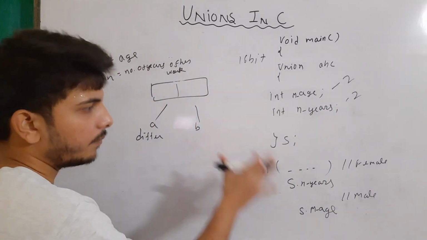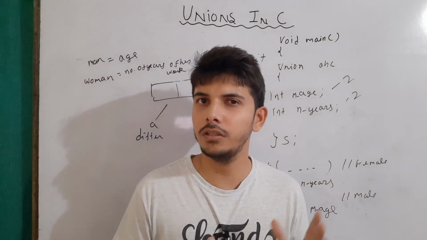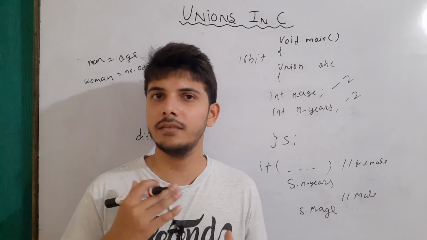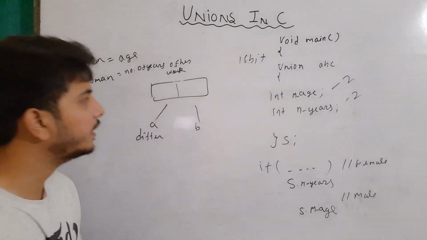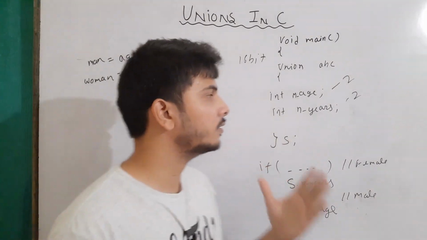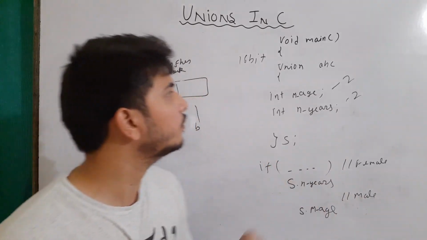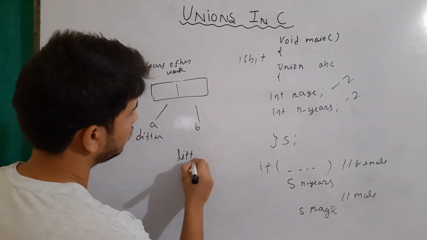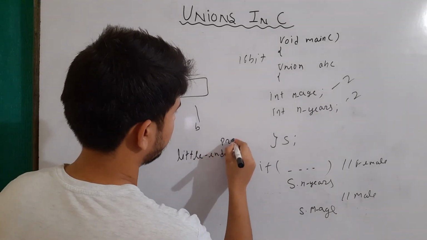Now this is a very basic example, and in the real world there are various other cases when we use unions, right? Most people don't prefer to use unions because they are quite complex and they simultaneously change the other data also. Some people use it and some don't, right? One last thing is that whatever I told you about unions in this video is according to Little Endian CPUs, or processors.